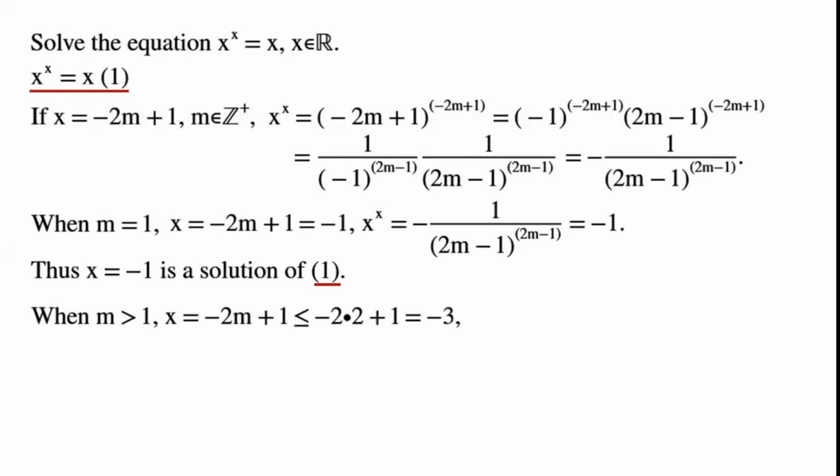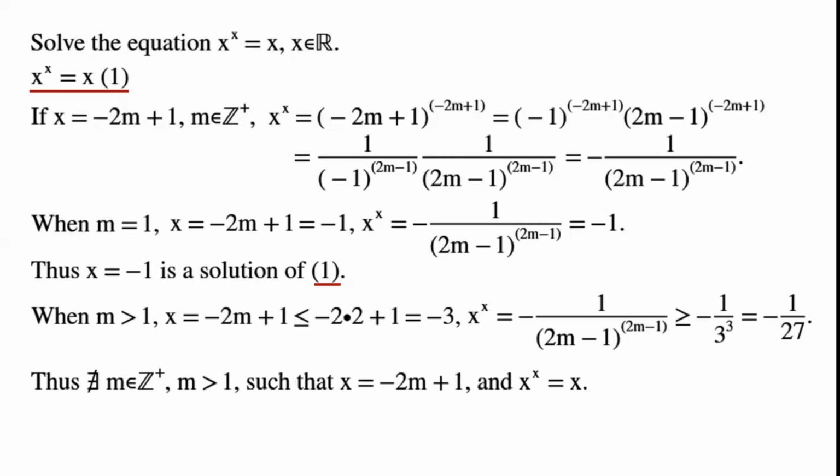When m is greater than 1, x equals minus 2m plus 1, which is less than or equal to minus 2 times 2 plus 1, which is equal to minus 3. x to the power of x equals minus 1 over (2m minus 1) to the power of (2m minus 1), which is greater than or equal to minus 1 over 3 to the power of 3, which is equal to minus 1 over 27.